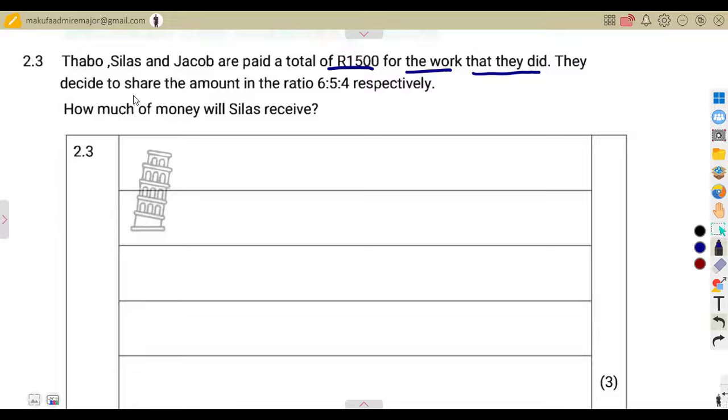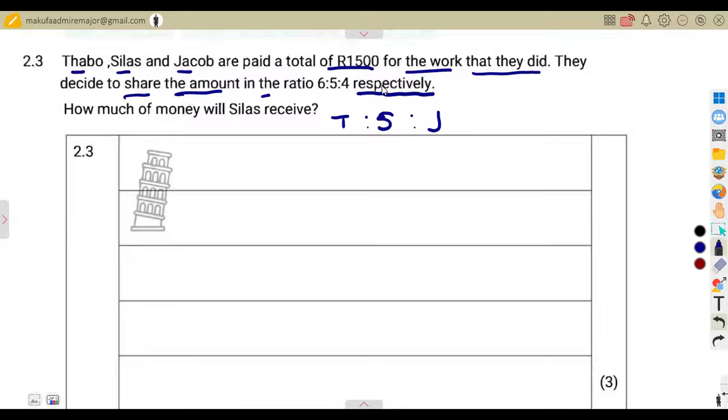They decide to share the amount in the ratio respectively. Take note, when they say respectively, it's in this order: Tavo, Silas, and Jacob. So in the order that you are given, it's Tavo as to Silas as to Jacob.